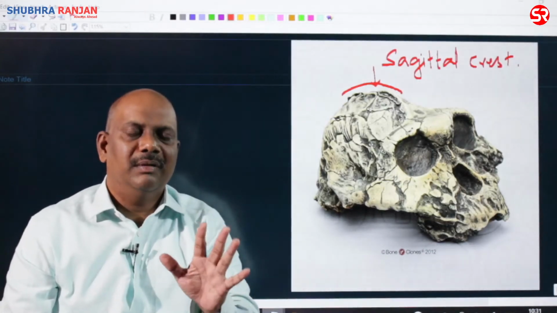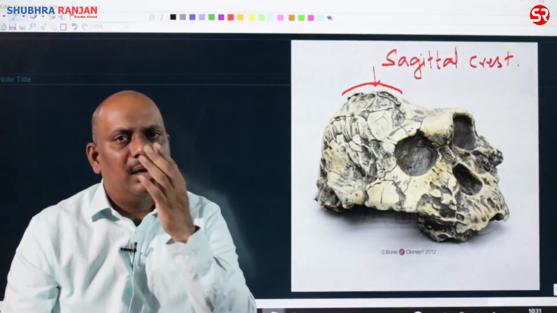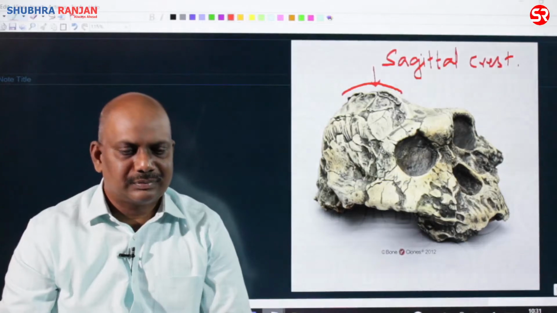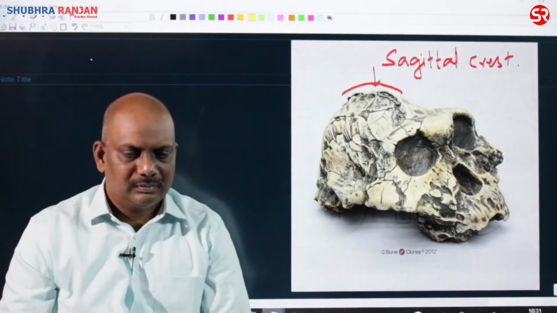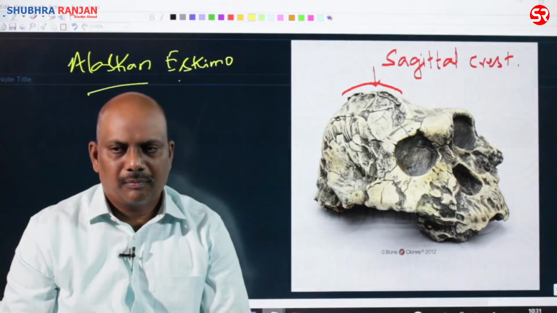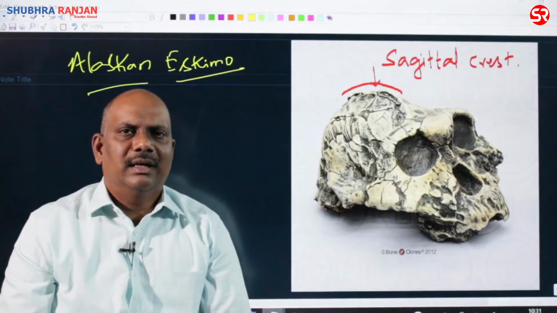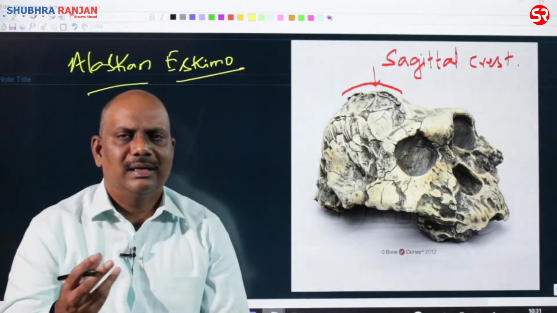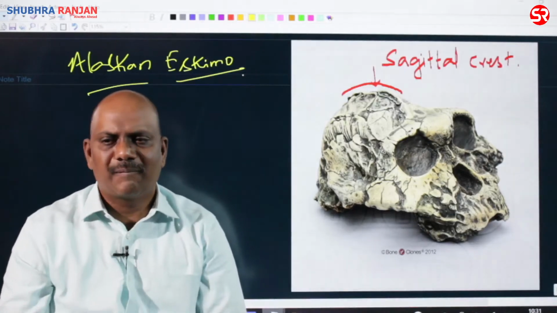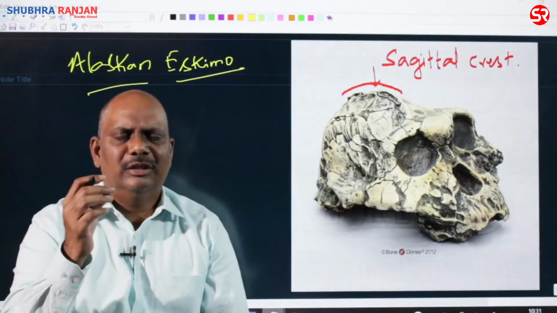I'm not saying it's completely absent, because among the Alaskan Eskimos, who live in the cold Arctic region of Alaska, where these people can eat only hunted meat and cannot think about cultivating any food grains, this sagittal crest is still found in a small rudimentary form.